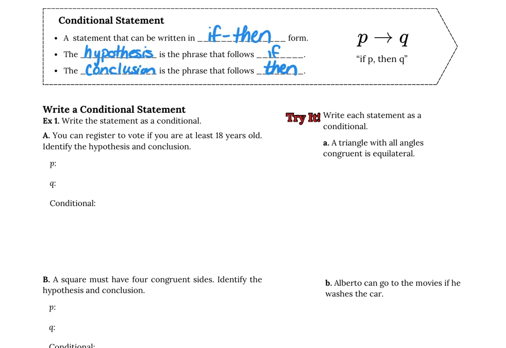All right, our first example, we want to write a statement as a conditional. You can register to vote if you are at least 18 years old. We want to identify the hypothesis and the conclusion.